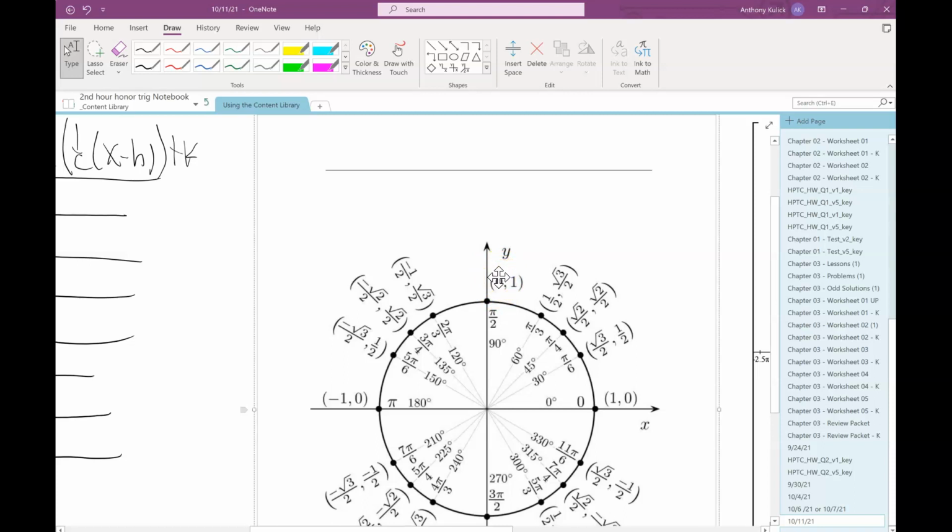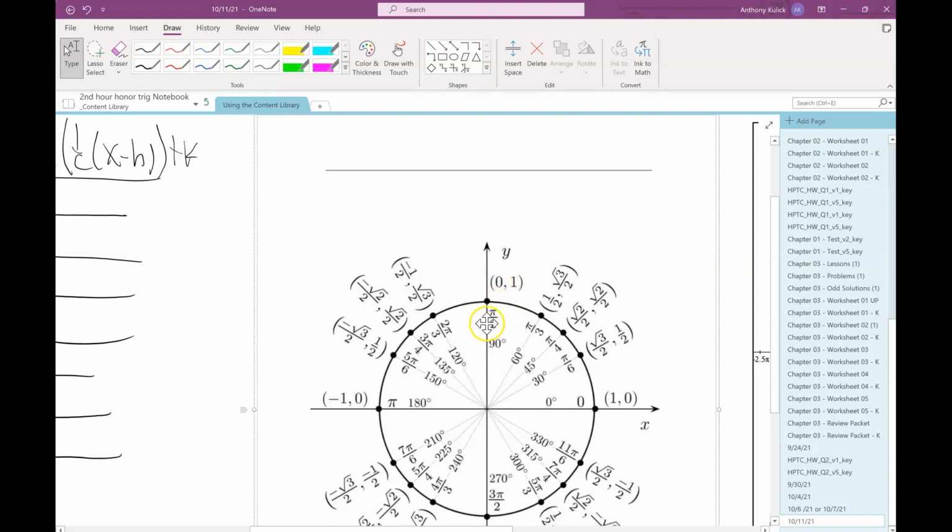So here, tangent is going to have vertical asymptotes because we have places where the output for tangent is going to be something over 0. That's going to occur everywhere where the x-coordinate on the unit circle is 0.